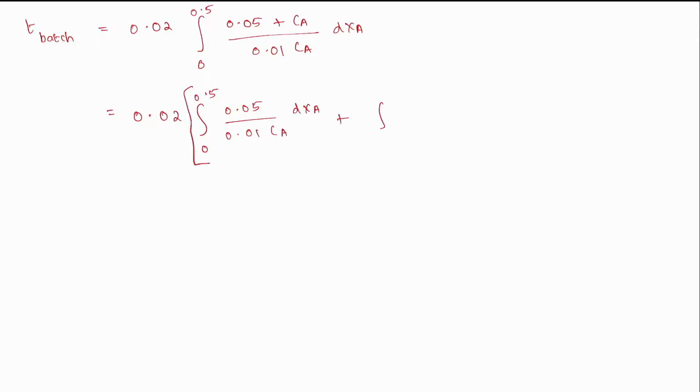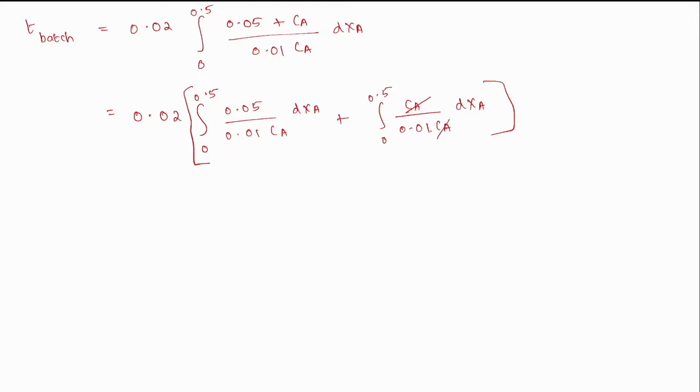So the first step is we can separate this integral into two terms. So the first term will be integral of 0 to 0.5, 0.05 by 0.01 Ca into dXa, and the second term will be Ca by 0.01 Ca, where Ca and Ca will get cancelled.